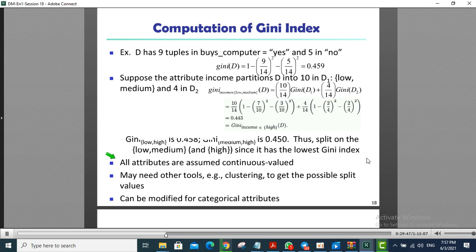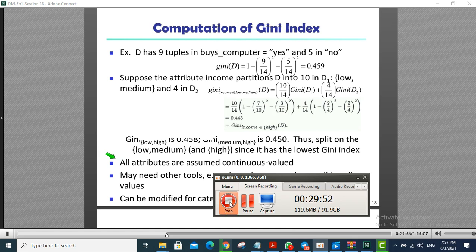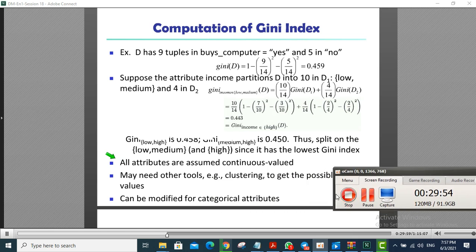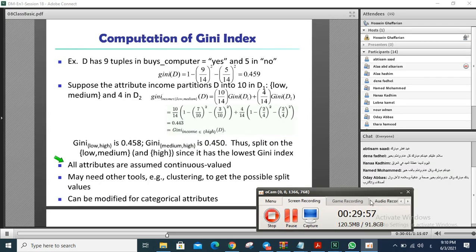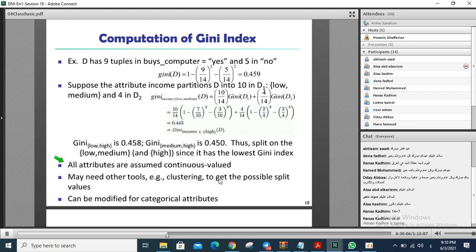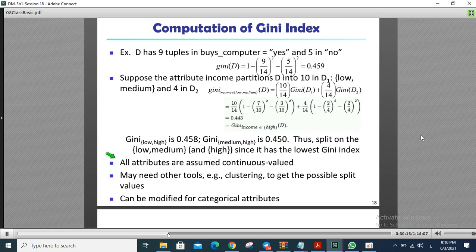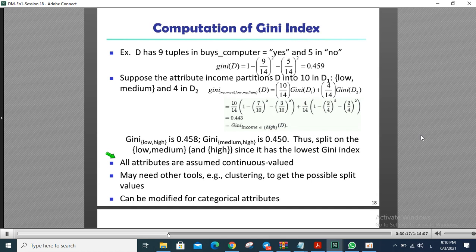Instead of using the Gini index, I have to use clustering methods to split all of the data in my dataset into different parts. And then, according to those clusters, I can define some categories and choose.